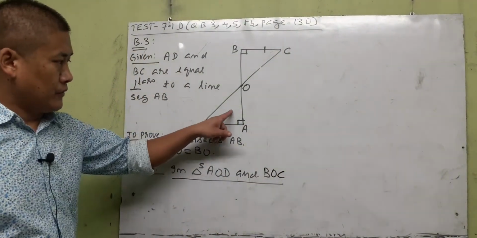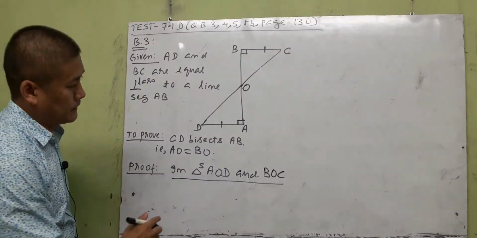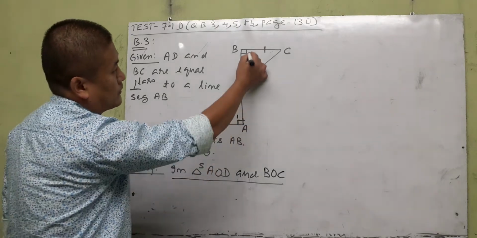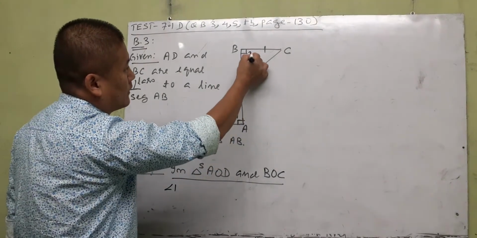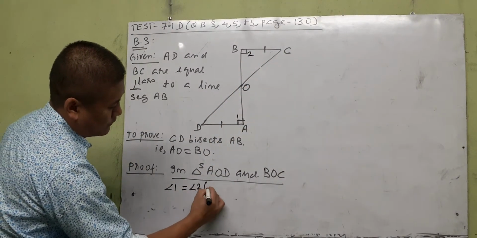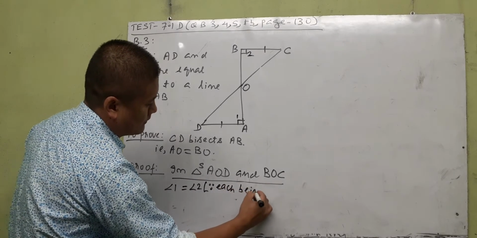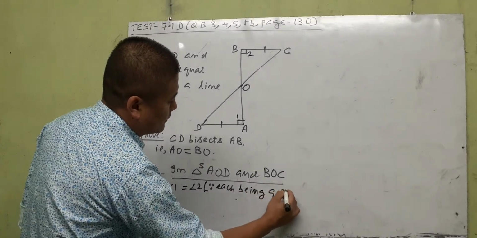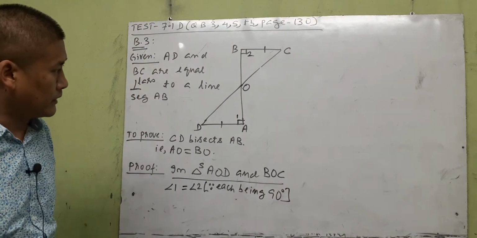So in these 2 triangles, AOD and BOC, we have to write here angle 1, and this one is angle 2. Angle 1 here and 2 here. So they are clearly equal because we can see they are each being 90 degrees, because they are mentioned as perpendicular here, means 90 degree.